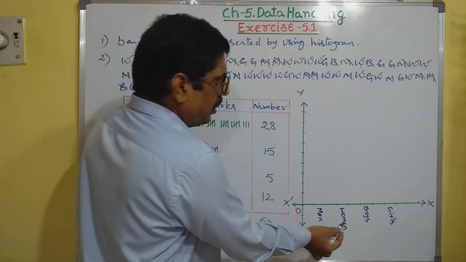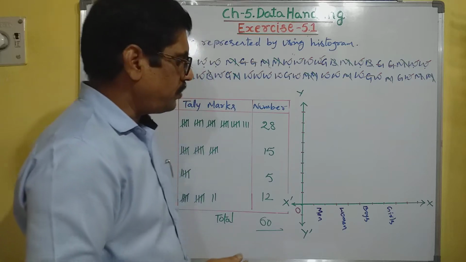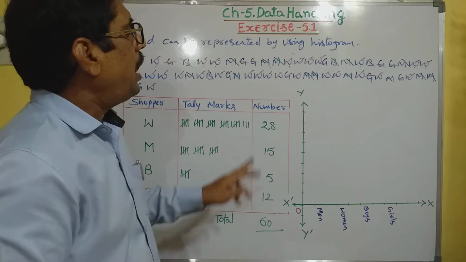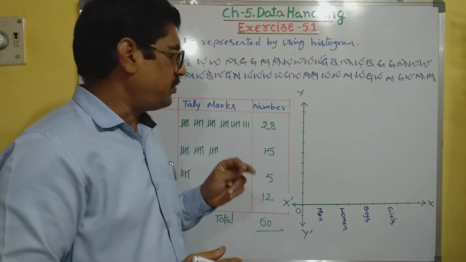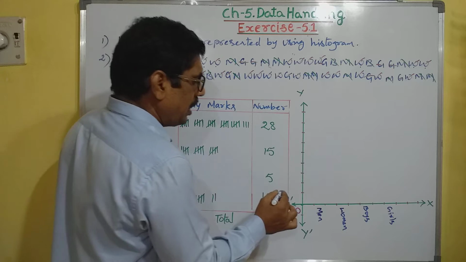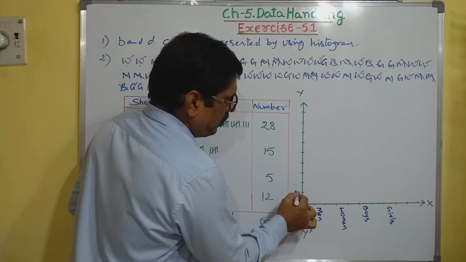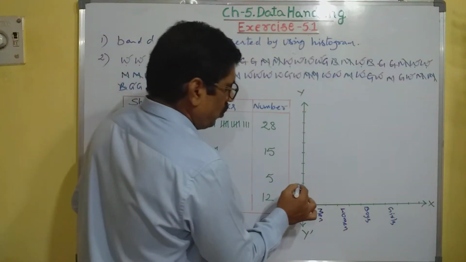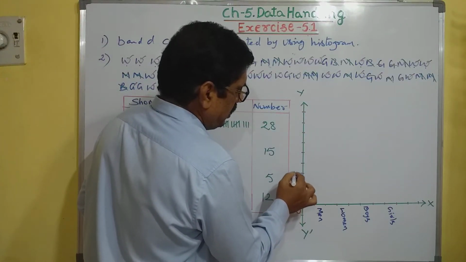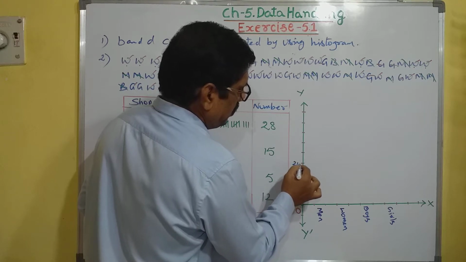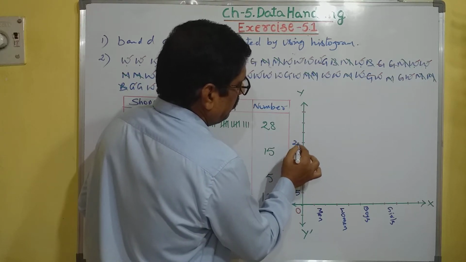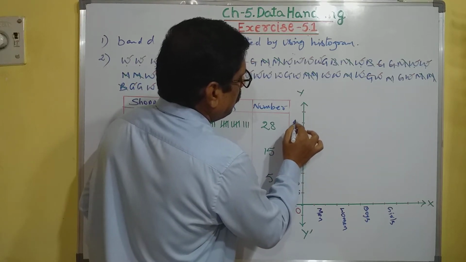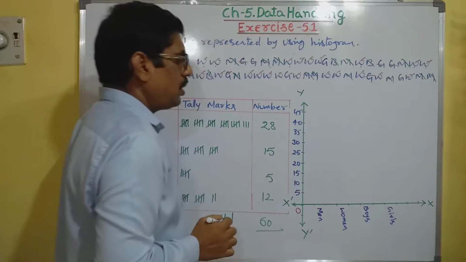So here men, women, boys and girls, there are 4 objects. So we have to maintain a gap like this, and we have to take a suitable scale on the y-axis. Here I am going to take the scale as 1 unit equal to 5 members, 5 shoppers. So I will take 5, 10, 15, 20, 25, 30, 35, 40, 45, like this.